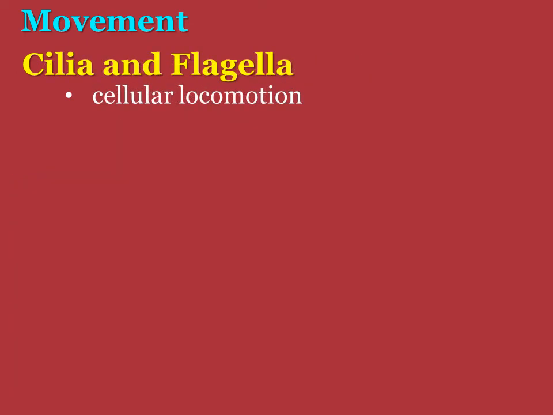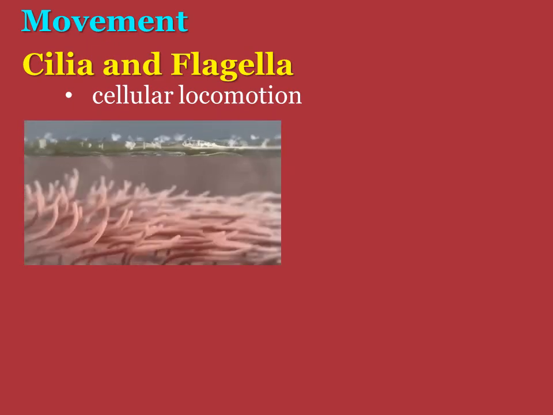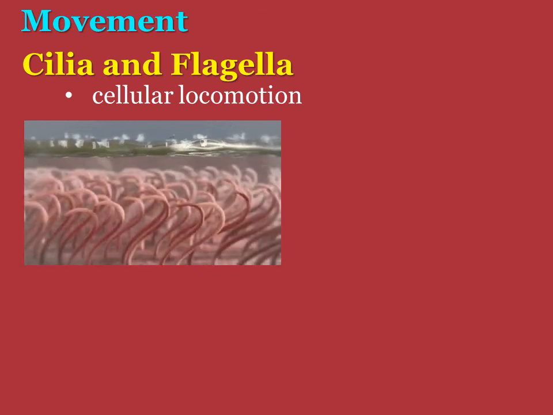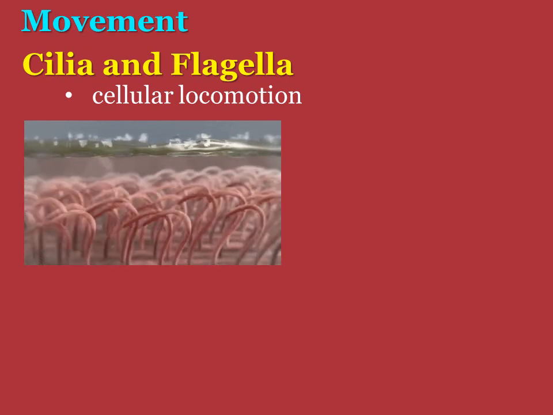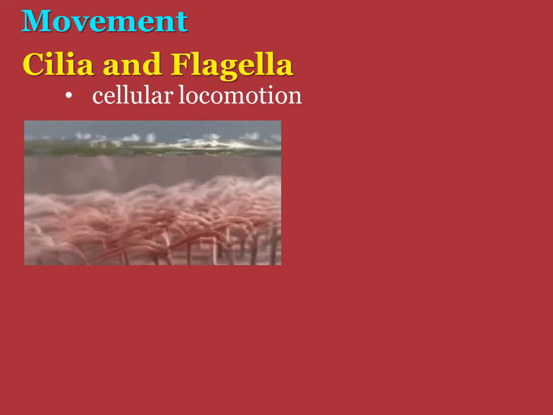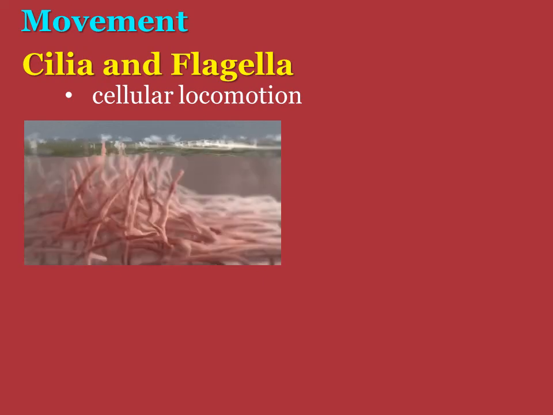Aside from this type of movement, some cells need to move from one location to another. Cellular locomotion is mainly due to the presence of cilia and flagella. Cilia are characterized by numerous but short microtubules and exhibit oar-like motion. The lining of the nasopharynx and the trachea are covered in cilia.